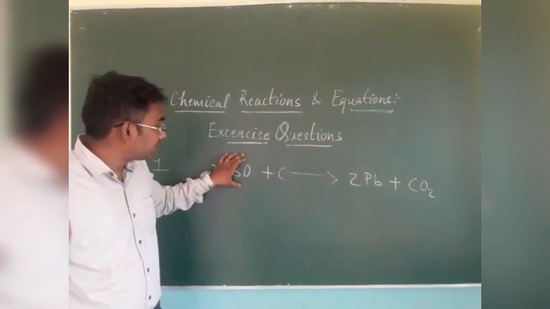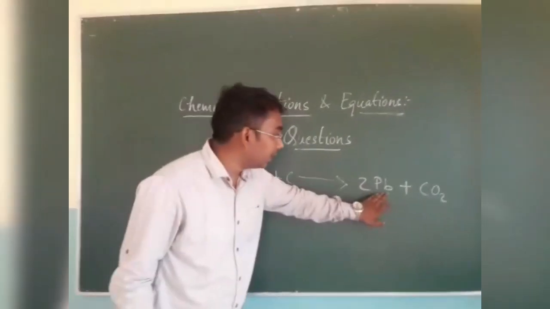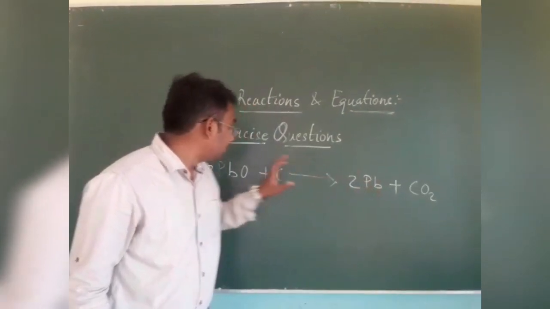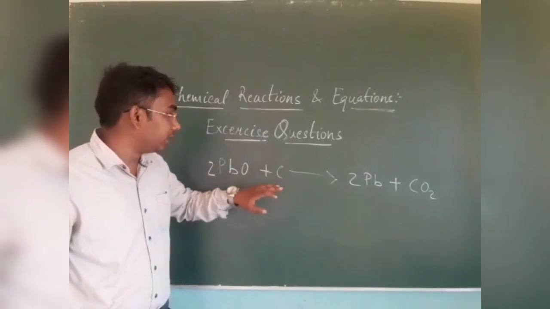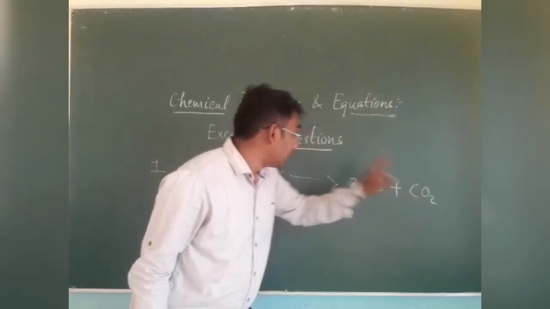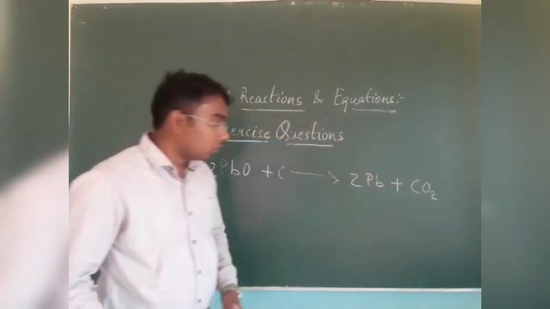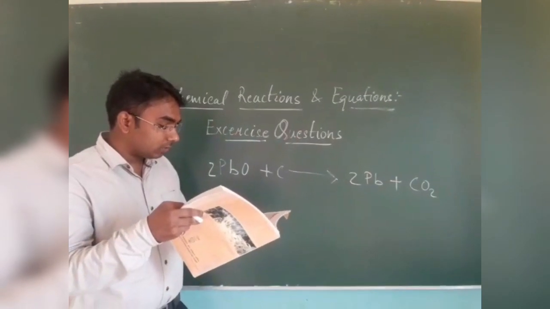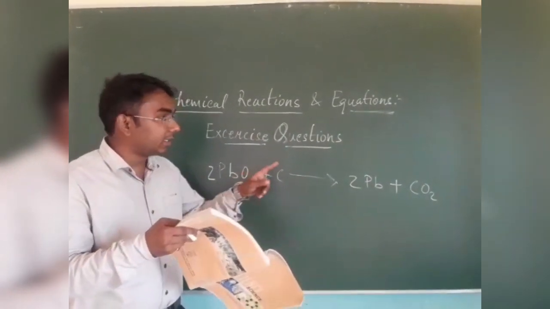Therefore lead oxide is being reduced, not lead. In a similar way, carbon is getting oxidized into carbon dioxide, not carbon dioxide getting oxidized. So the correct options are carbon is getting oxidized and lead oxide is getting reduced.